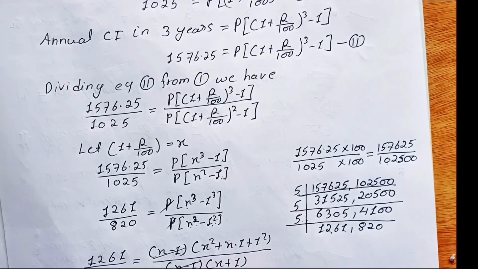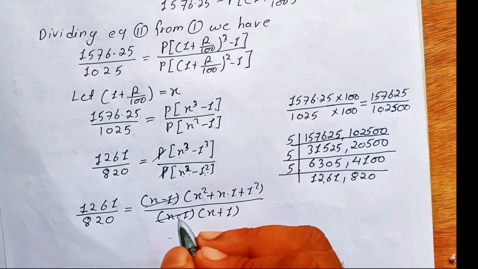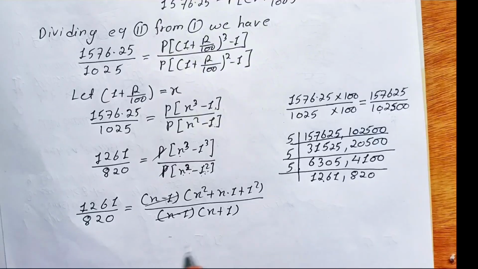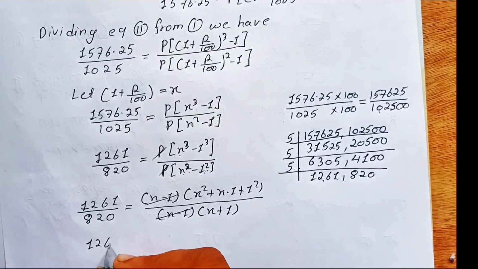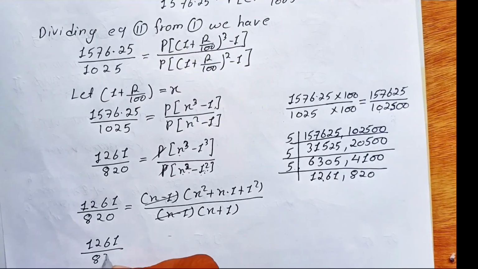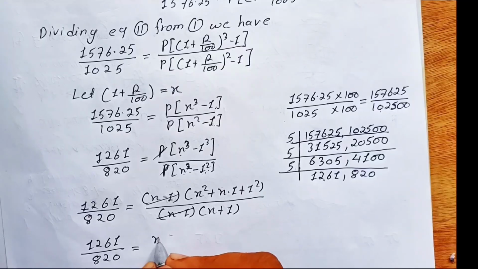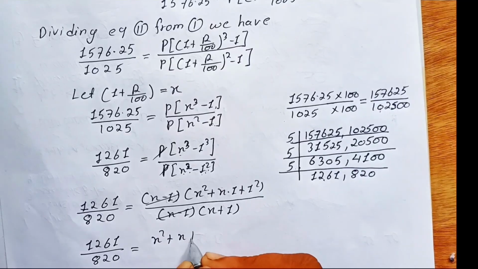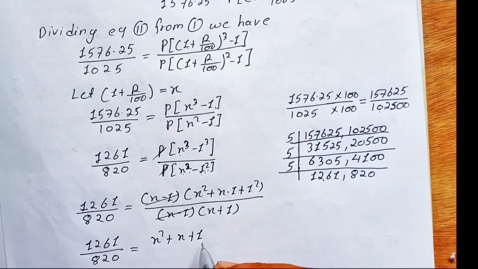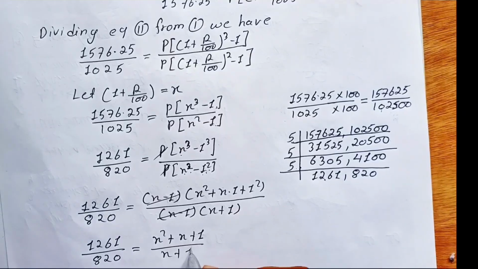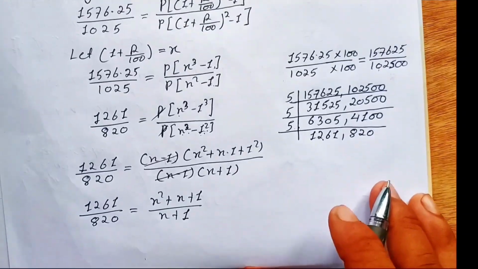Now x minus 1 and x minus 1 cancel out, and finally we have 1261 upon 820 equal to (x square plus x plus 1) upon (x plus 1).